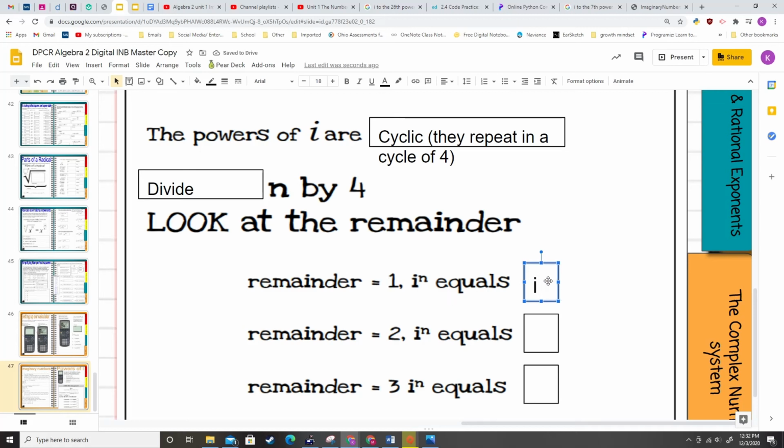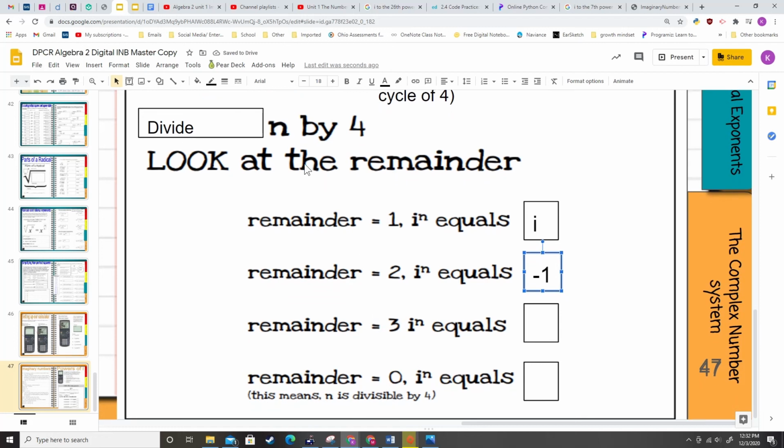Now, if I get a remainder of 2, that means that my i is going to be a negative 1. Now, if I take that power and divide it by 4 and I get a remainder of 3, that means that I should be getting a negative i. And then finally, if I divide it and I get a remainder of 0, this means that it's divisible by 4. I get an answer of 1.